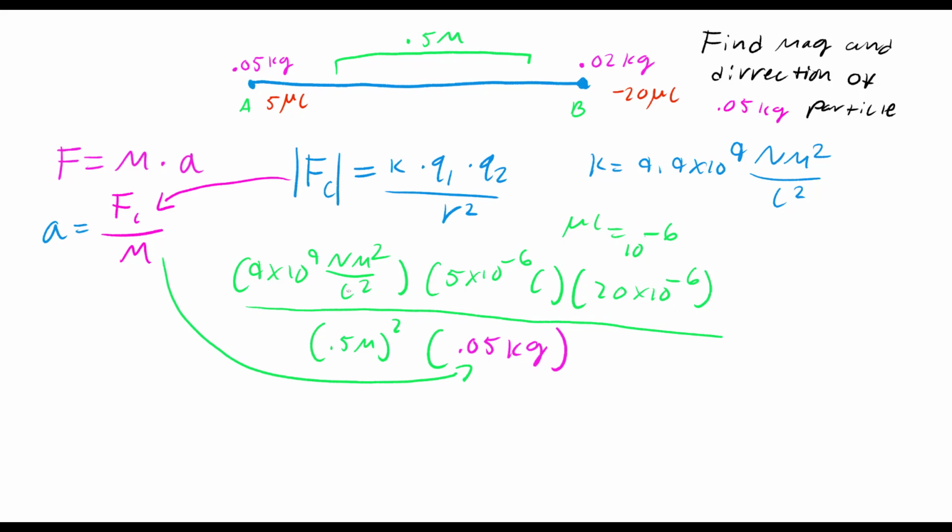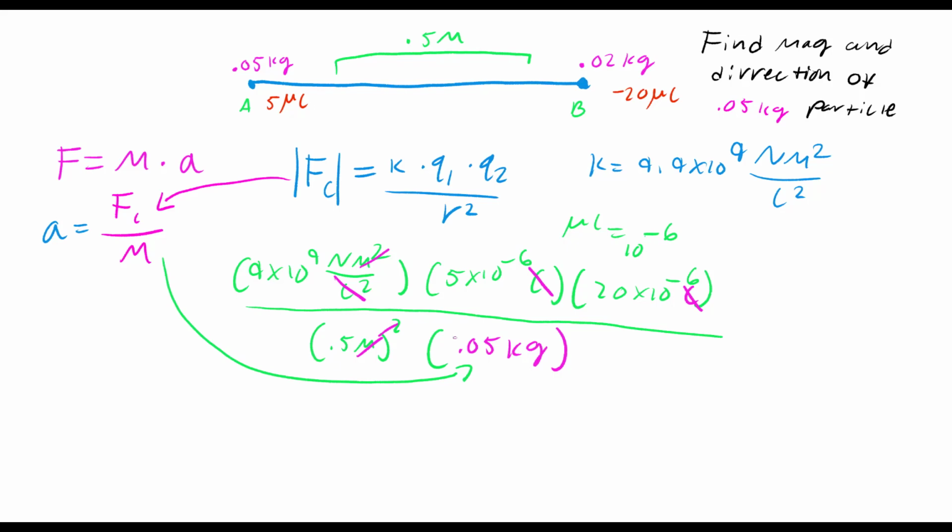Notice that the coulombs cancel out, and the meter squares cancel as well. So it's going to be newtons over kilograms, which is acceleration.